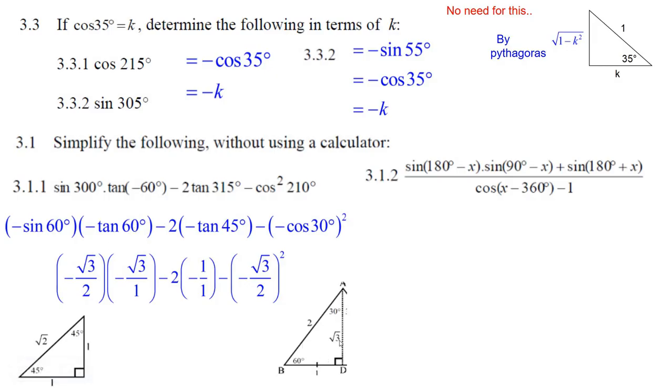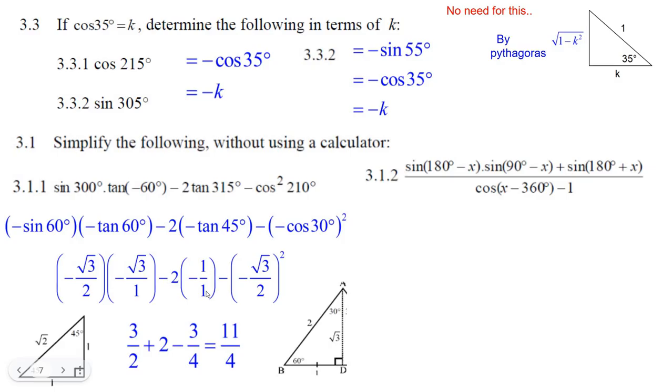The tangent of 60 degrees, there's 60, opposite over adjacent, that's root 3 over 1. The tangent of 45 degrees is 1 over 1, and there's your little picture to show you didn't use the calculator. And the cosine of 30 degrees, adjacent over hypotenuse, there's your picture, it's root 3 over 2.